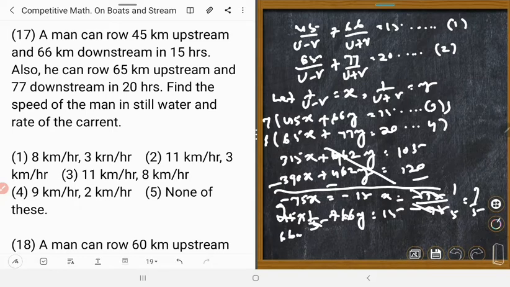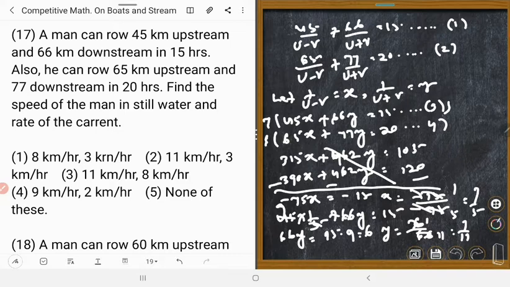So 66y is equal to 15 minus 9, which is equal to 6. Y is equal to 6 upon 66 is equal to 1 upon 11. Could you understand?